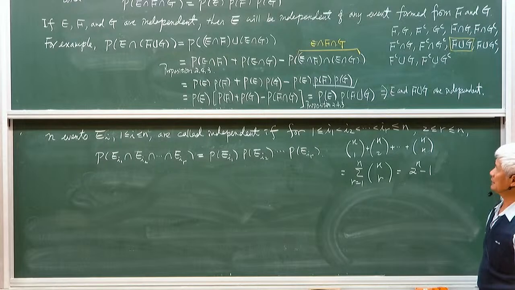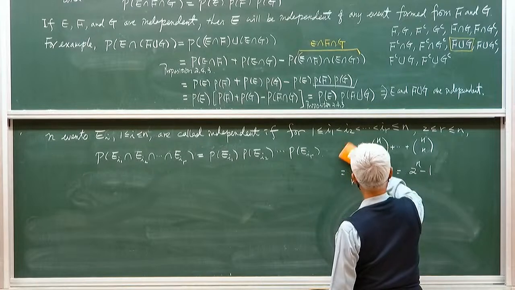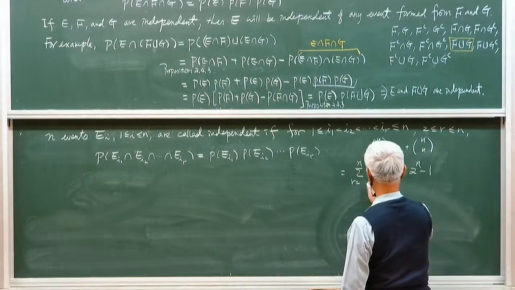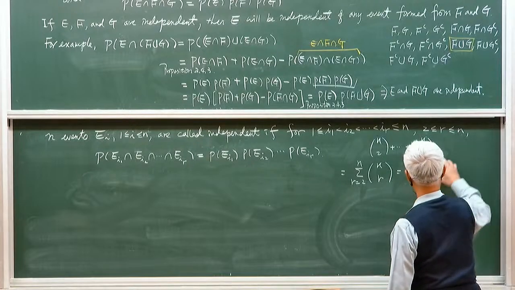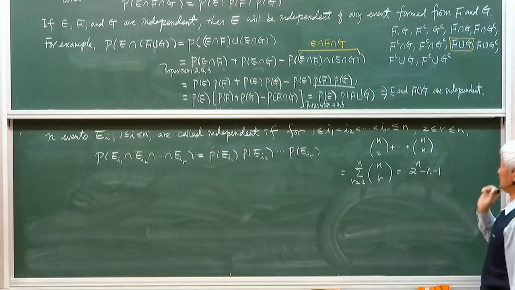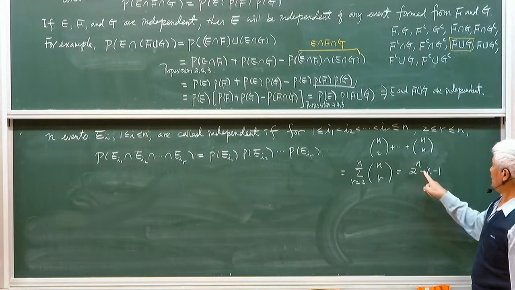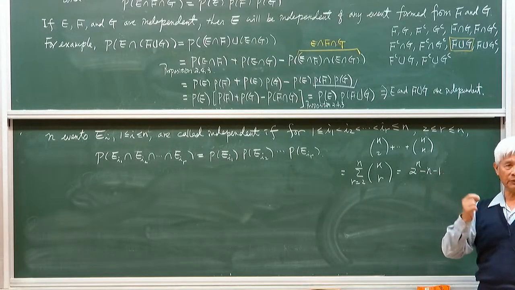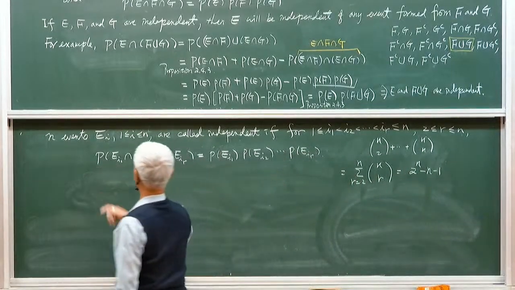In that situation, you can eliminate the trivial ones, so that the number of equations becomes 2 to the n's power minus 1 minus n. So we have 2 to the n power minus n minus 1 non-trivial equations. It's a lot.